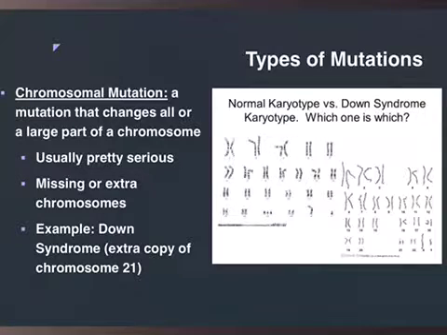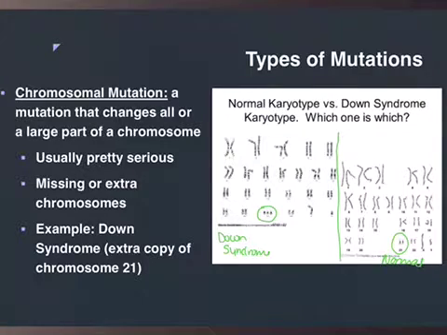So if we look between these two karyotypes, there's where the split is. If we look at chromosome 21 on the left, we can see that there are 3 copies, whereas chromosome 21 on the right only has 2. So the one on the left would indicate Down syndrome, and the one on the right would be a normal karyotype.